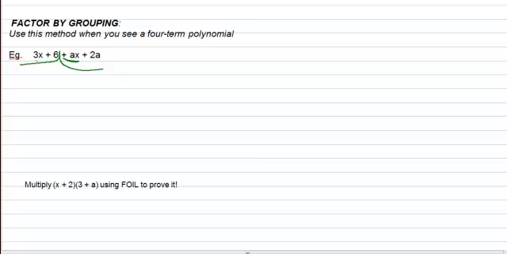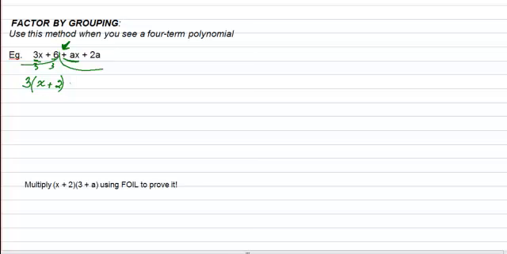Now, the first thing that we see is we've got a greatest common factor on these first two terms. This is our group. So we see we've got a 3 and a 6, so our greatest common factor there is 3. And when we divide 3 out of each of these, we're left with x plus 2. Now the next thing we do is we always bring this middle sign down.